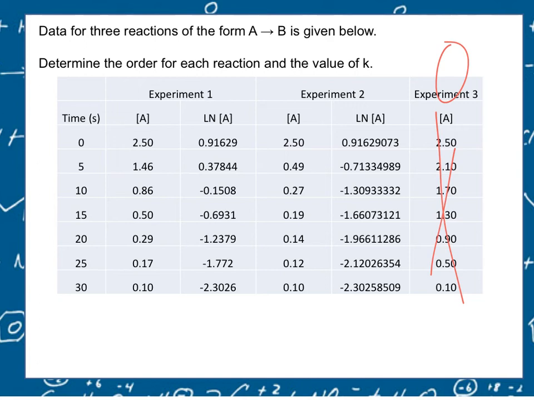So now I'm going to be hunting for a linear graph out of this data. 0.5-ish, 0.5-ish maybe. Almost 1, less than 1, 0.3, no, it's this guy right here.